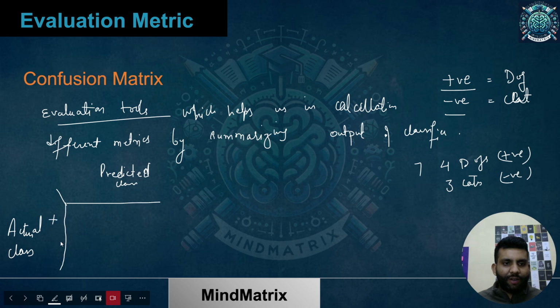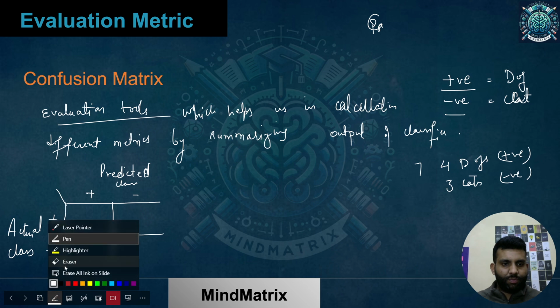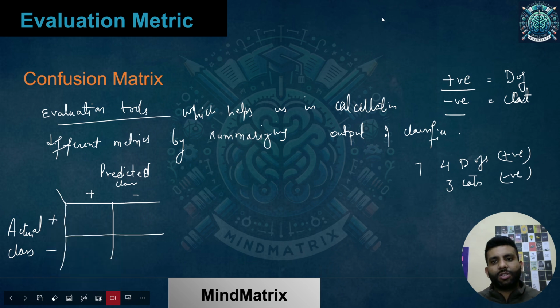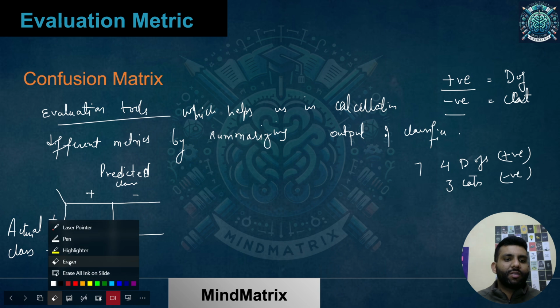So over here I will be writing plus, over here I will be writing minus, over here I will be writing plus, over here I will be writing minus. One more thing, I say true, you just learn it properly, because this may be confusing.